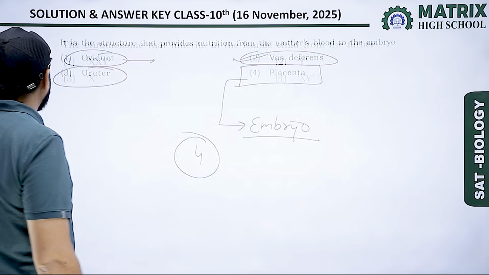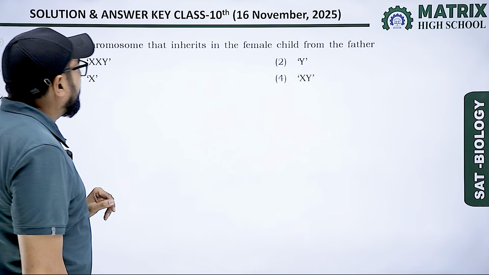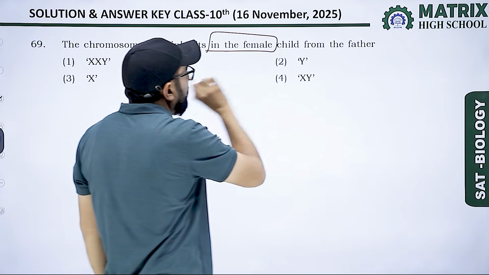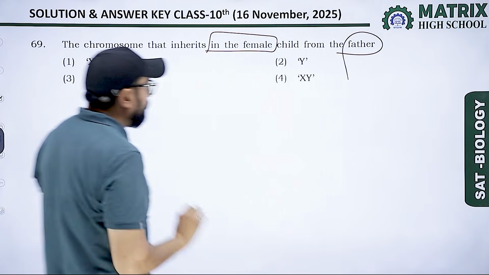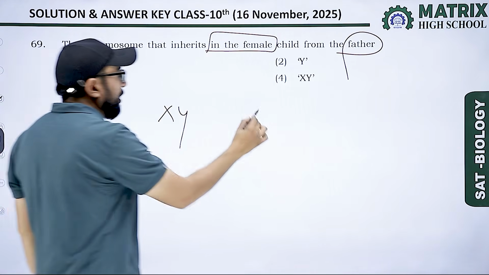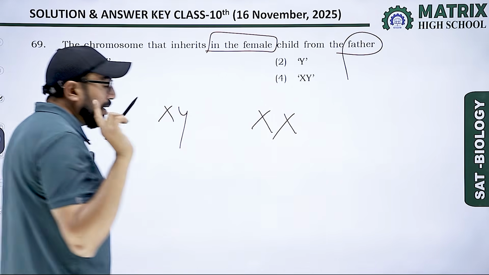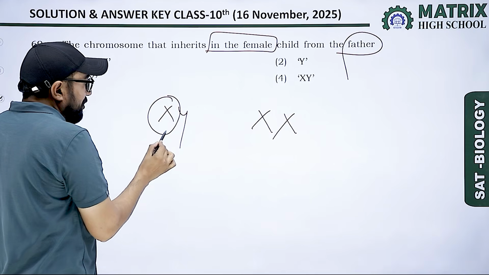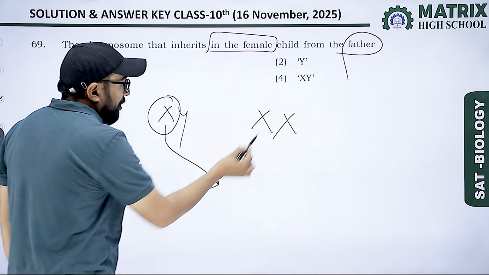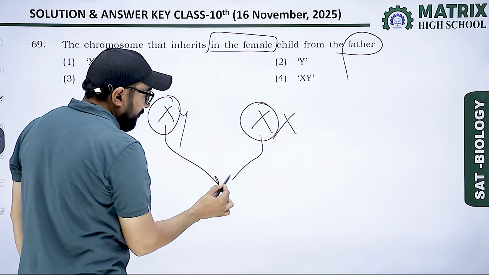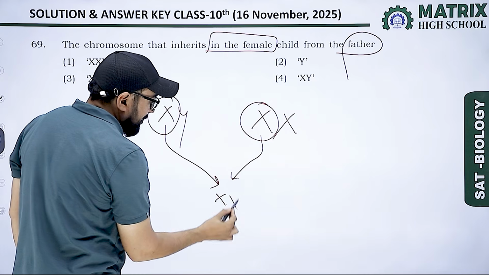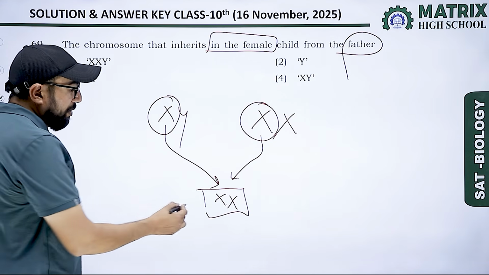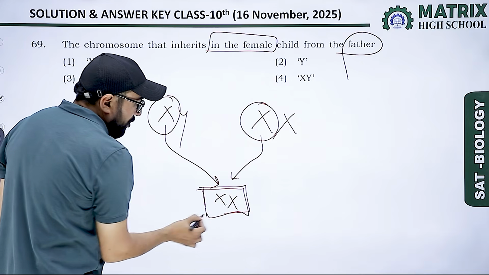Next, the chromosome that is inherited by the female child from the father. Father is XY, mother is XX. In the case of daughter formation, X is transferred from father, X from mother, and XX is the daughter, a baby girl.